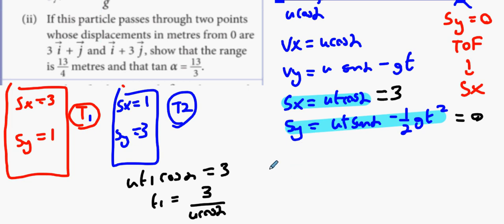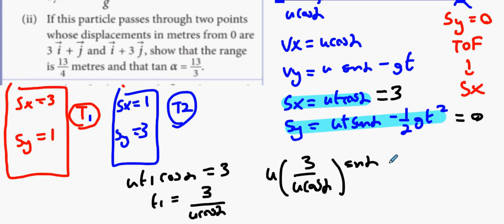So I'm going to get u times 3 over u cos alpha, sine alpha, minus a half g. Now t squared is going to be 9 over u squared cos squared alpha, equals 0.